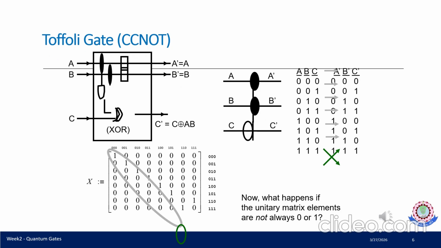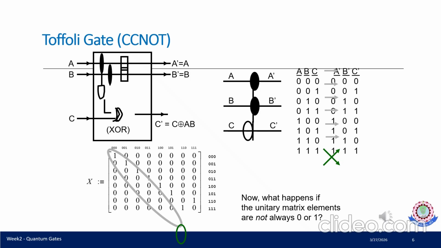This is the Toffoli gate, controlled-controlled-NOT. Here there is a truth table which holds an explanation of three inputs, A, B and C, and shows the corresponding outputs.